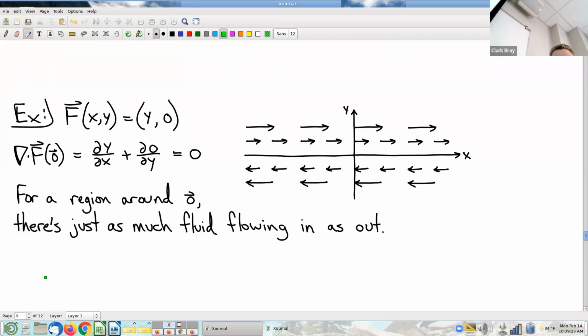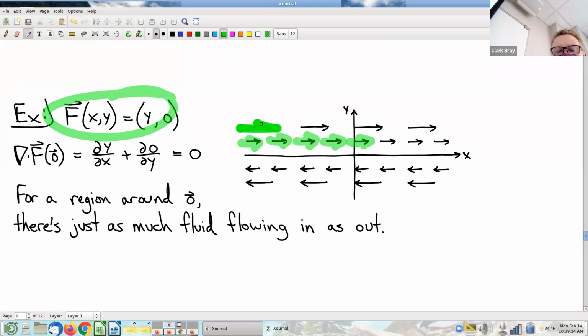So here's a vector field representing the flow of a fluid. This is a weird vector field. It's kind of going to the right up here, and then it's going faster to the right, higher up, and even faster the higher you go.